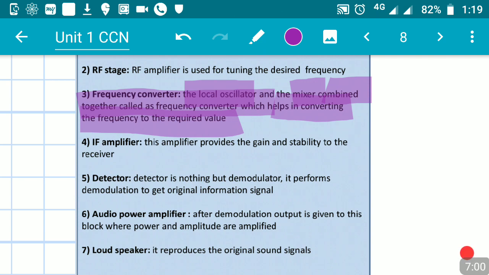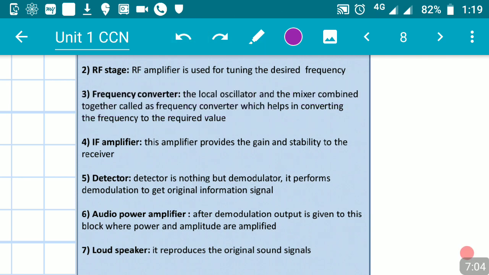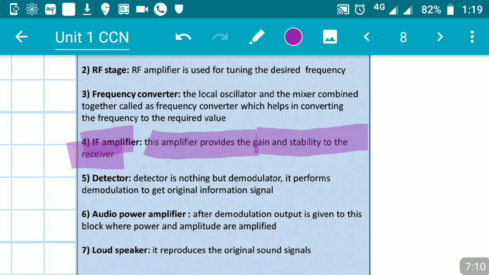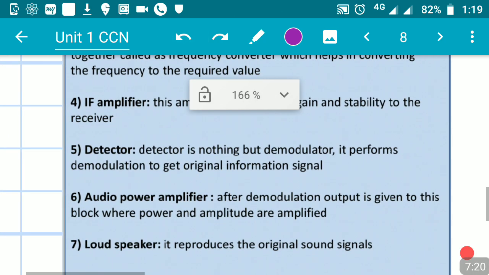Then comes the IF amplifier. What is its function? The IF amplifier provides the gain and stability to the receiver. Then we go to the detector. What is a detector?